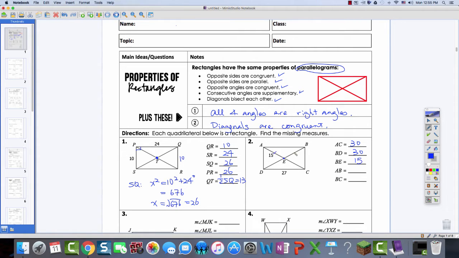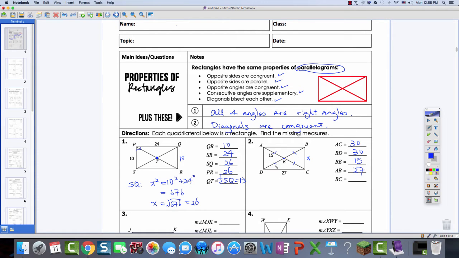Also notice that we've got an isosceles triangle there. In fact, we've got 4 isosceles triangles in the rectangle, right? Now AB has to be congruent to DC, so that would be 27. And here we go. We do not have BC. I'm going to call this X. However, I know one leg.